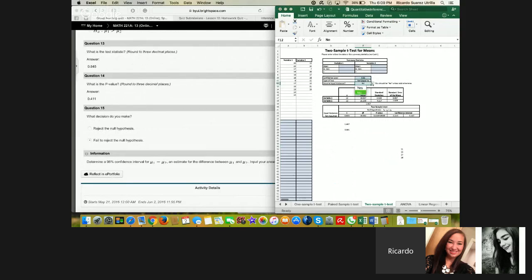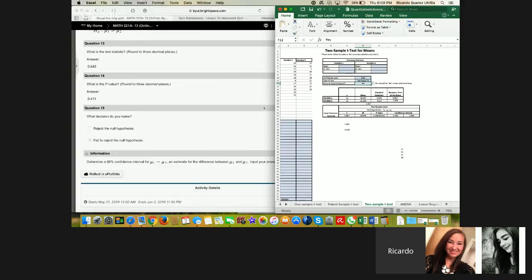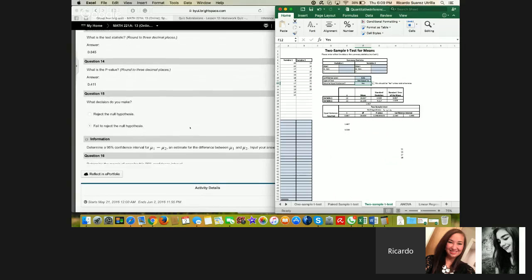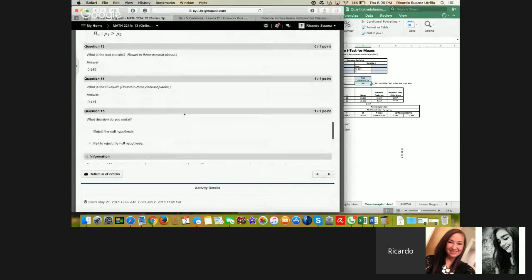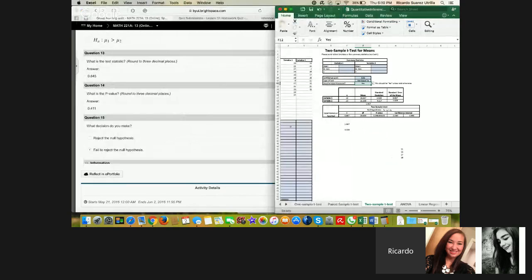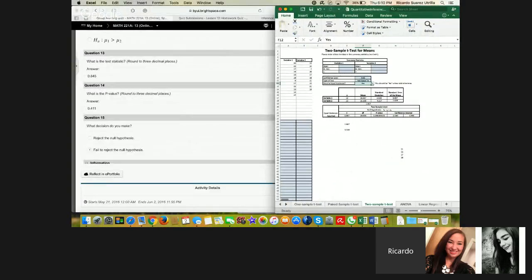What if I put yes? Okay, so probably we have to switch assume equal variances to yes. But let's see, okay. No, because my test statistic is going to change. What?